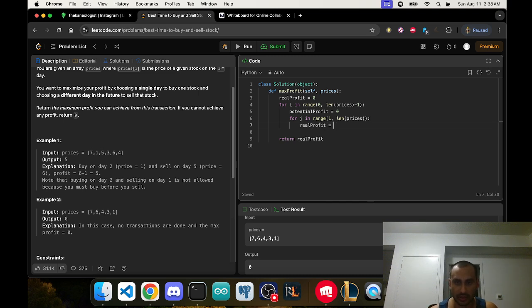It's the max comparison between real profit, what it is currently, and potential profit. Do I even need this? I don't even need this.